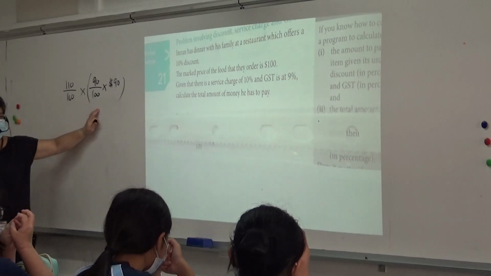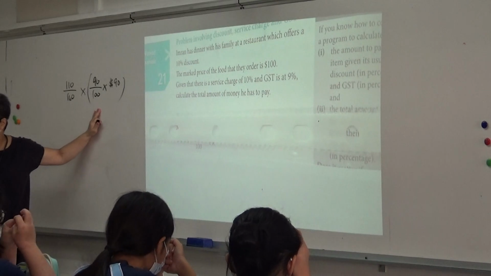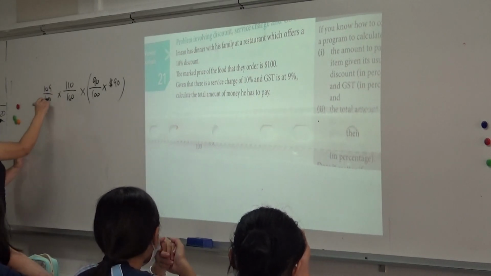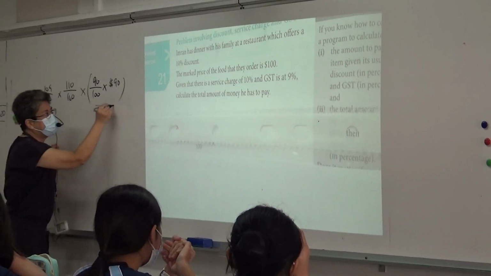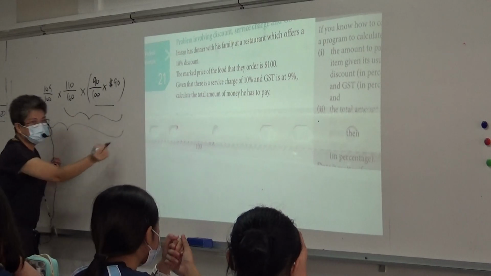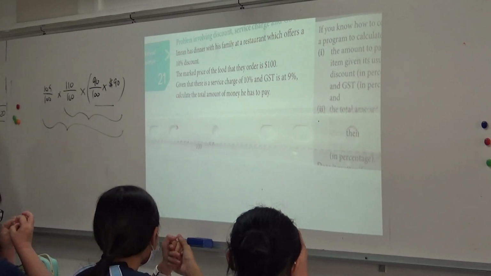Because this is what I found in the top one, right? Correct. Then I have a GST of this, right? This is my part 1 answer, then this is my part 2 answer, then this will be my part 3 answer, right? I can combine it all into one step.